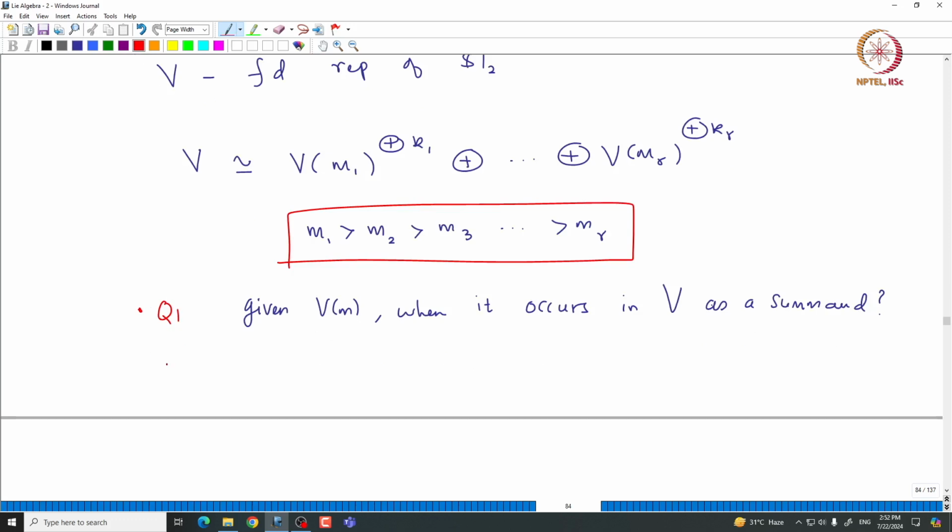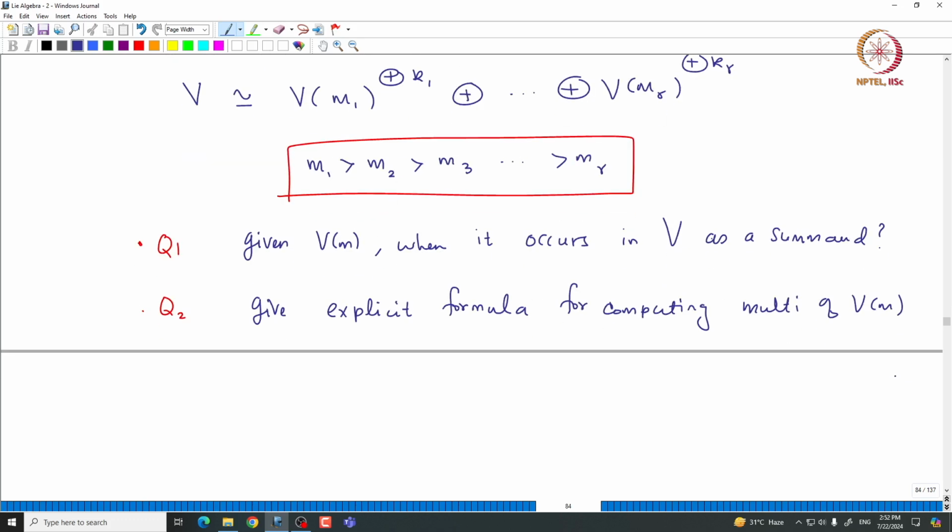Okay, more or less both are relevant. So, give an explicit formula for computing the multiplicity of V(m), that means how many times it occurs inside the direct sum.